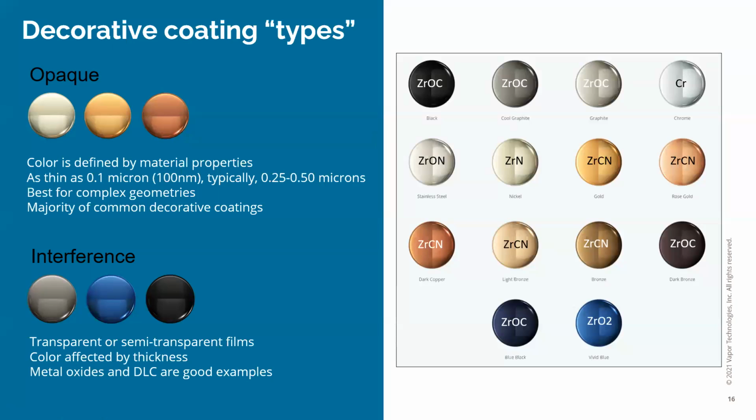It's just a question of applying the right amount of the gases and the parameters during the process, but all is done in the same system with the same target being the metal source that you use to create the coatings. The only example that I have that's different here is chromium, and this is just our palette that we use at VaporTech when we are creating decorative coatings.